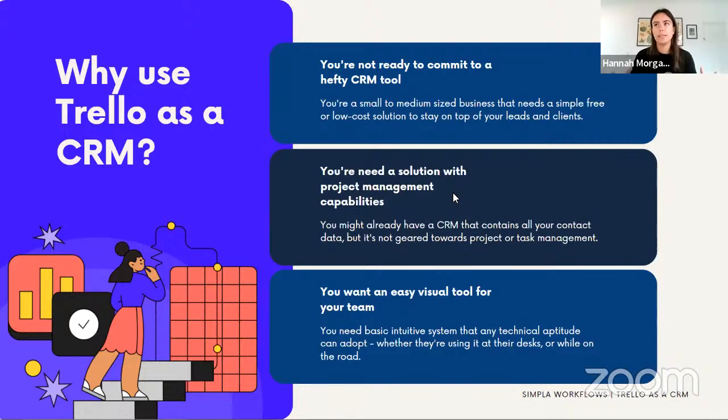You want a tool that allows you to project manage your leads and your clients, so you can easily track the different stages your leads are going through, collaborate on the tasks and actions that relate to your clients, and collaborate with other teams on cross-team deliverables. Trello is a great way to use a more project management geared solution for that purpose.